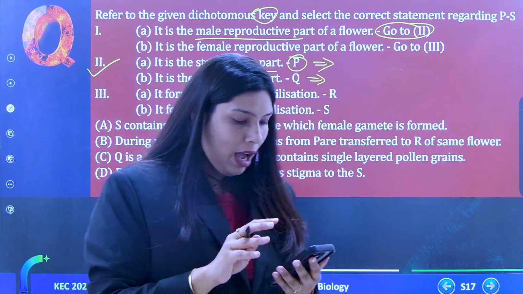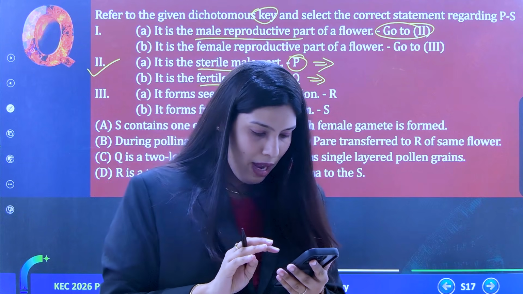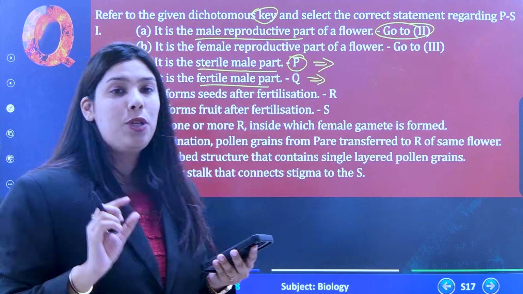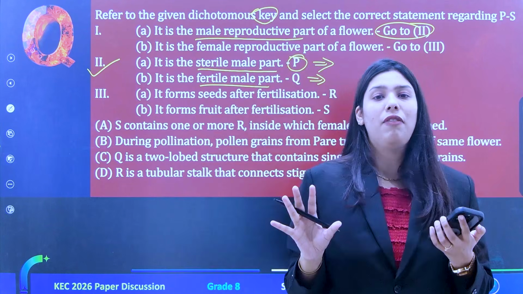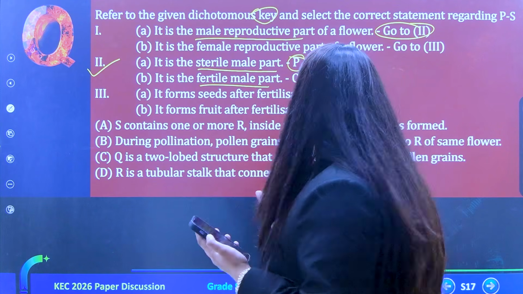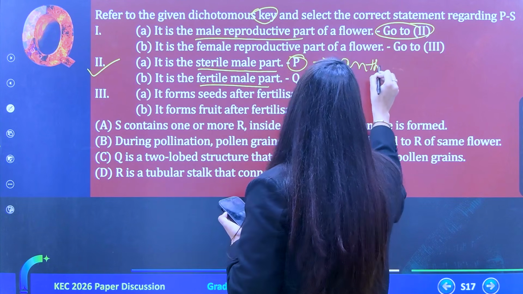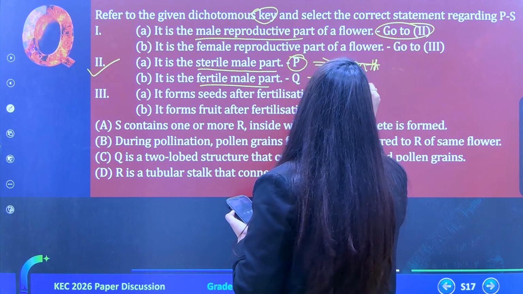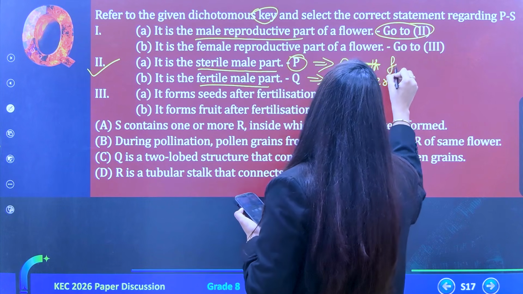Fertile part means those who have pollen grains. I need your responses, quickly, everyone. Which part of the male reproductive part in the flower contains pollen grains? It is contained by anther. Whereas sterile means filament.